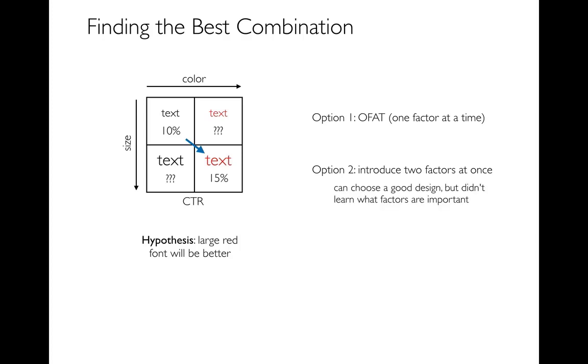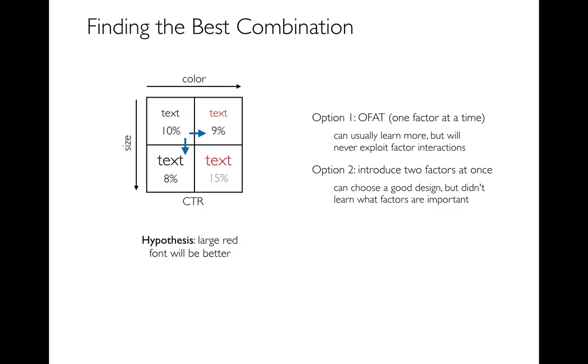And there's benefits to both of these. In the second case, maybe I find the best design and I can quickly get to that, but I didn't really learn what was important, right? It's possible that all that matters is that the text is red, and I could have had small red text and had just as much benefit while leaving more space on my page for other things. So I didn't really learn as much, even though maybe I ended up with a good design.